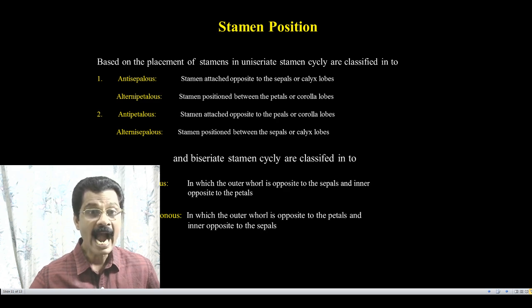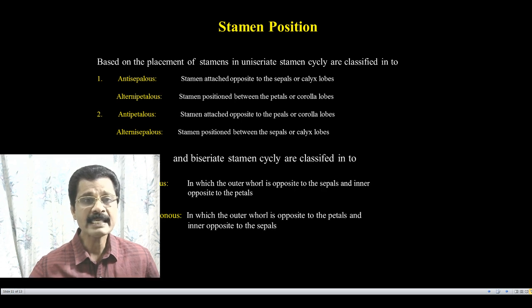Then antipetalous, stamens attached opposite to the petals or corolla lobes. This is otherwise called alternisepalous, stamens positioned between the sepals or calyx lobes. Antisepalous is otherwise called alternipetalous, and antipetalous is otherwise called alternisepalous, as in the case of a uniseriate stamen cycle.